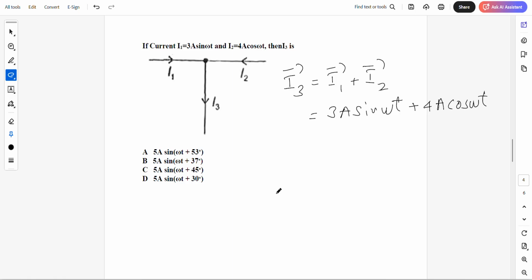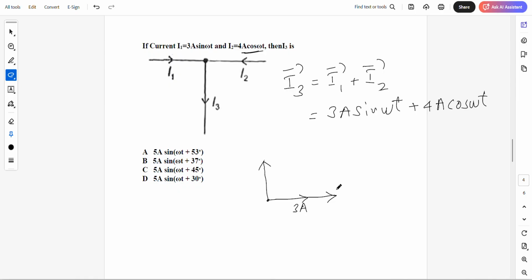Now we will write the phasor diagram. Where is I1? I1 is here. How many amperes? I can write 3 amperes, let us write the amplitude, 3 amperes. Where is this one? This is I2 in the positive y-axis.